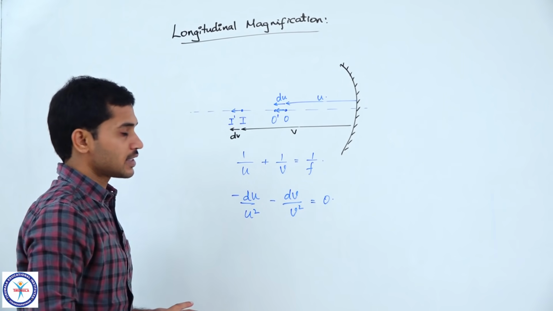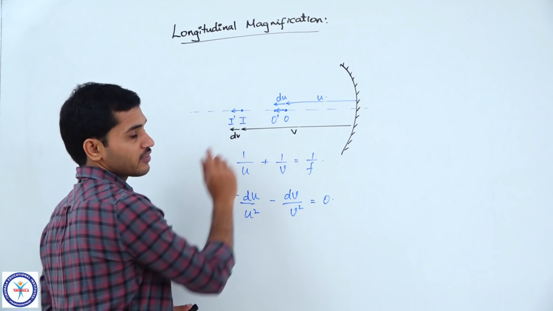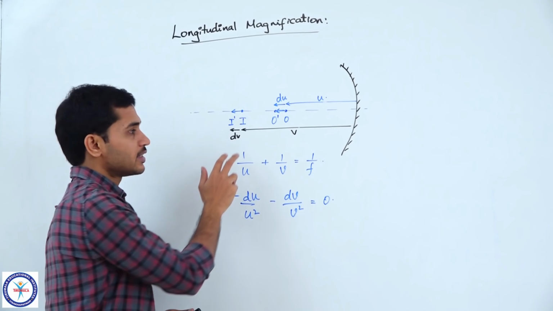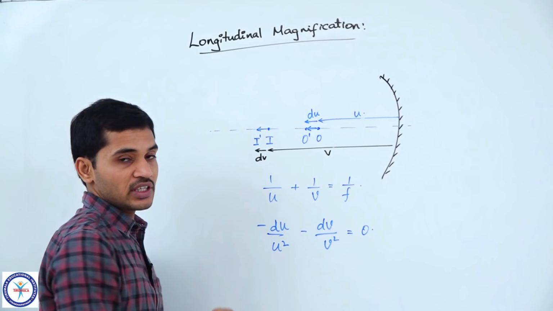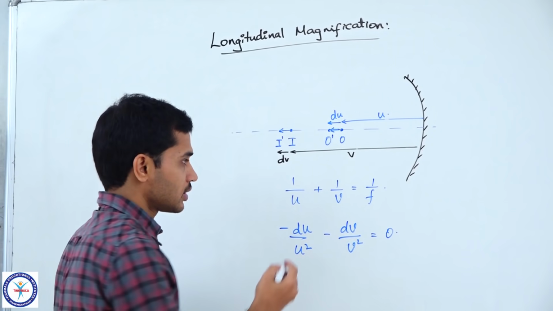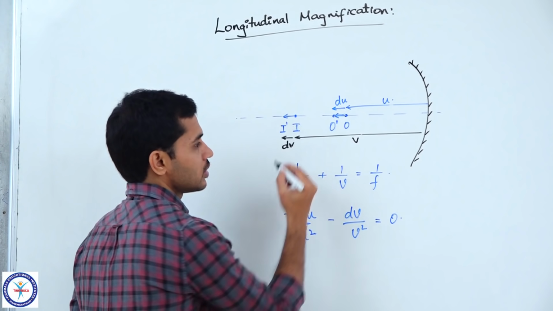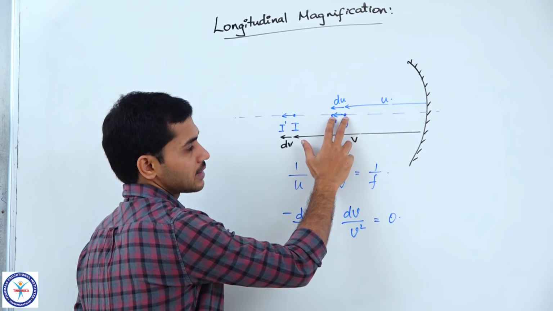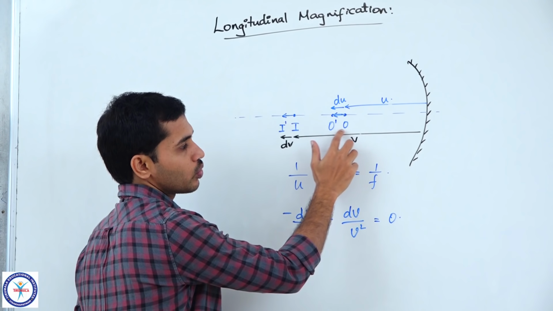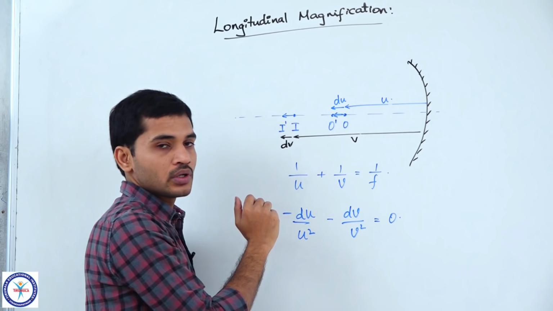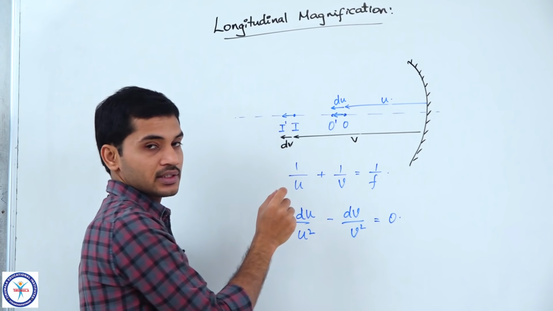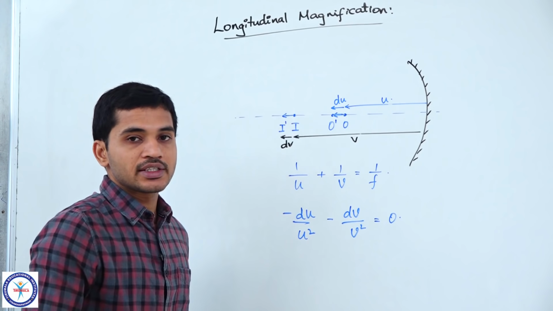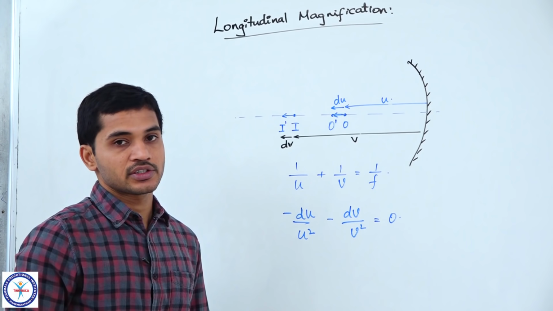So can I say that if the object has a length of du, then the image will have a length of dv? Please observe carefully. If the object's length between O and O dash is du, the image length formed between I and I dash is dv. That is the concept we will be using in this scenario.